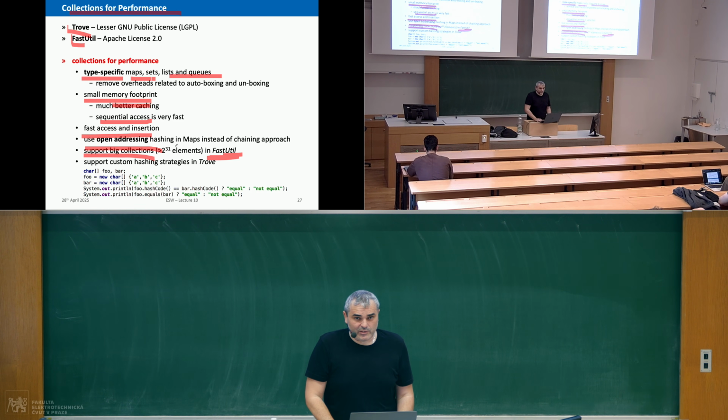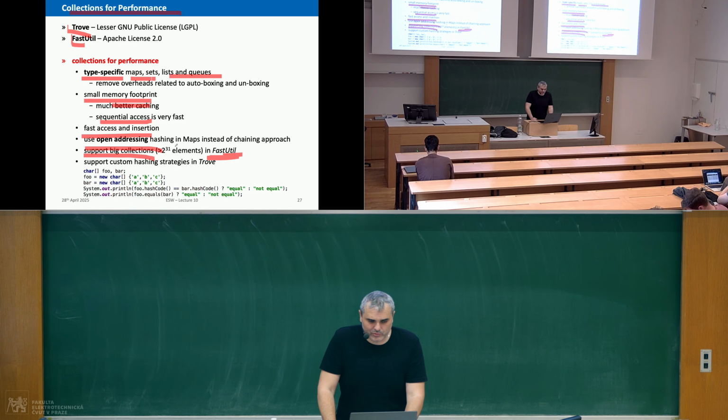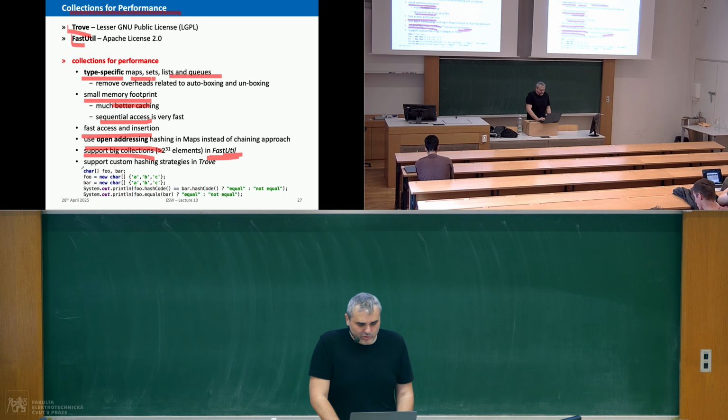There is some reserved for empty and others, so it's effectively 2 power 31 only. 1 bit is used for something else. So if you need a larger array, FastUtil is providing you a way to work with that. This collection for performance also supports custom hashing strategies, for example, in Trove.